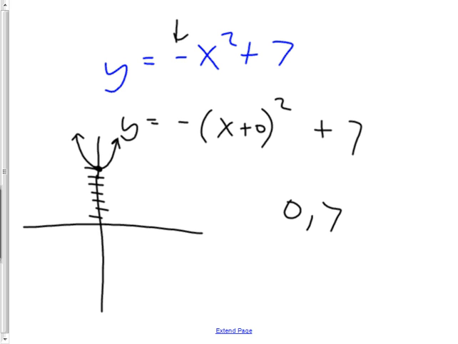What does that mean? Is this parabola going to have a minimum or a maximum if it's got a negative in front like that? It's going to have a maximum. Good. Do I know for sure that the vertex is there? On this problem, I do, because I've got an equation. If I've got an equation, I know everything about it.